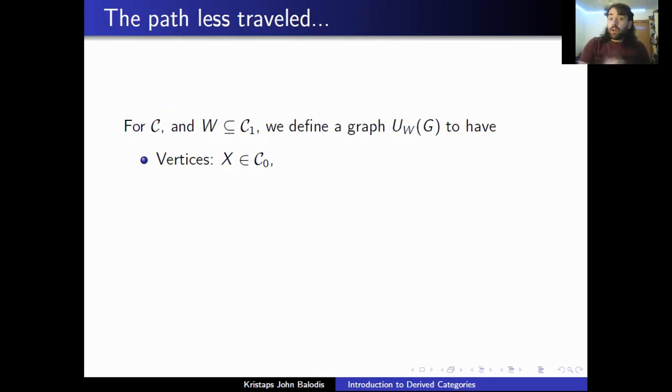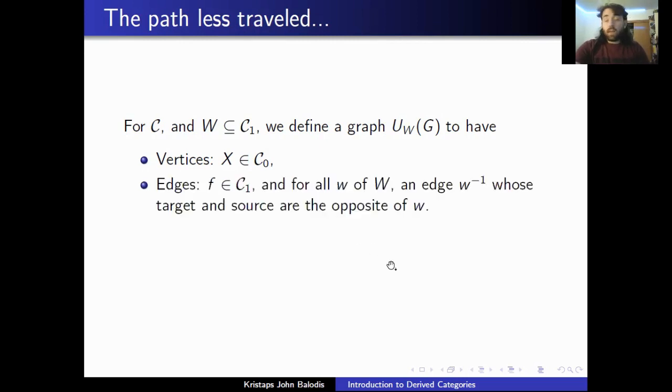So we're going to define a graph U sub W of C to have vertices which are just given by the objects of our category C. And our edges, of course, are given by all the morphisms of our category. That automatically includes all our morphisms W, but now for each of those W, we want to create a formal inverse.